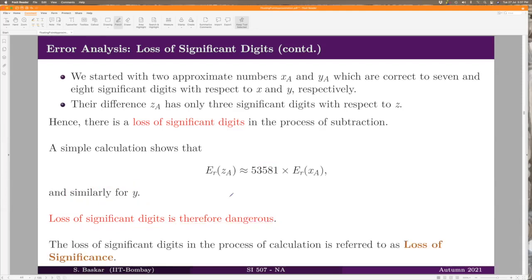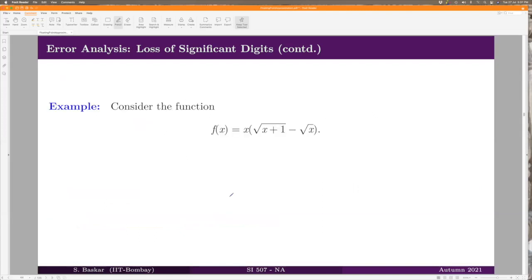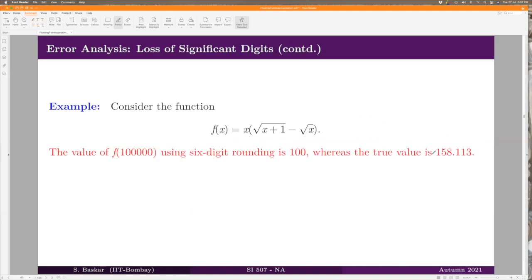The loss of significant digits in the process of computation is referred to as loss of significance. Let us go back to our example where we have taken f of x equal to x into root of x plus 1 minus root x. If you recall, we tried to evaluate this function at x equal to 1 lakh using 6-digit arithmetic.